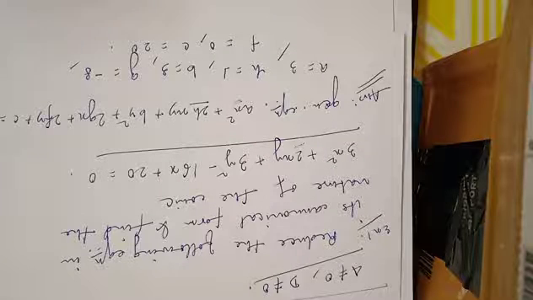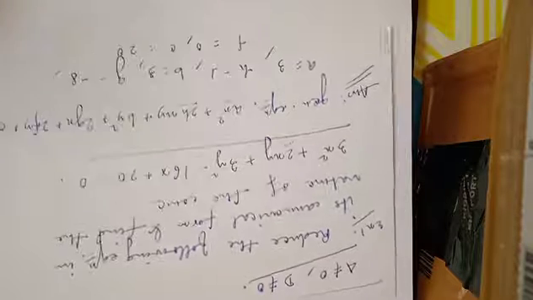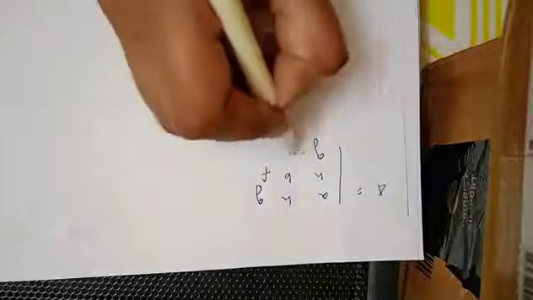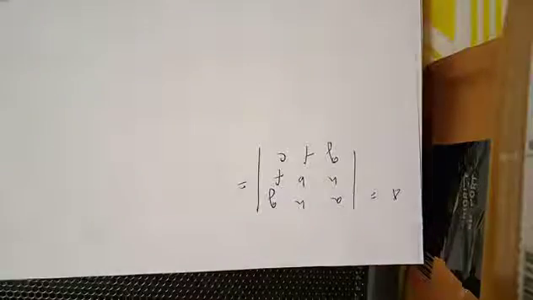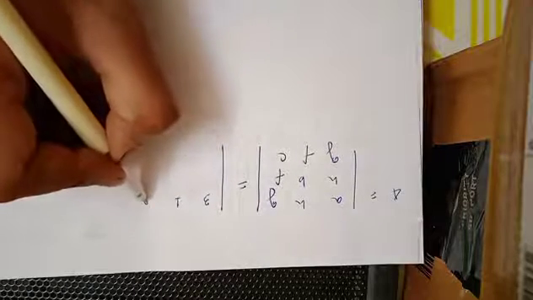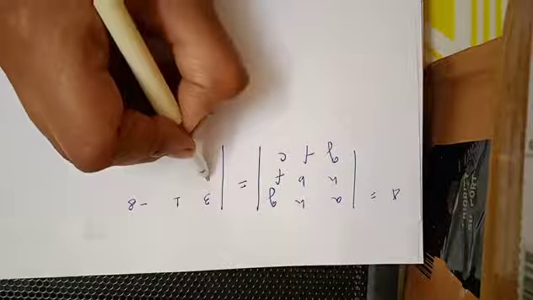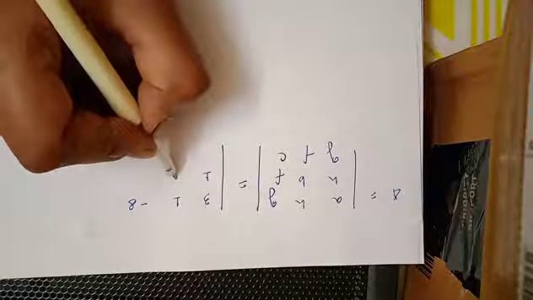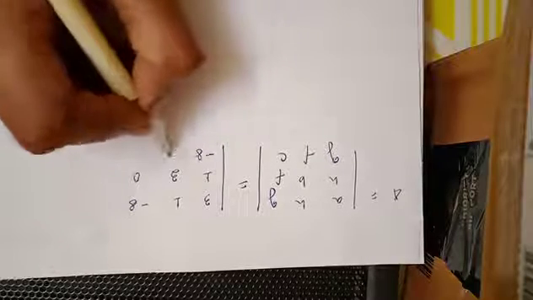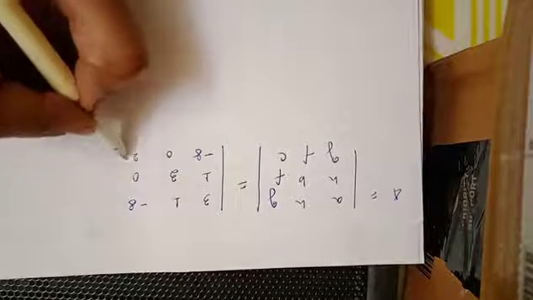Now we can easily calculate delta and d, those two determinants. So moving to do that. Delta is a, h, g, put the values. a is 3, h is 1, g is minus 8, then h is 1, b is 3, f is 0, minus 8, 0 and 20.